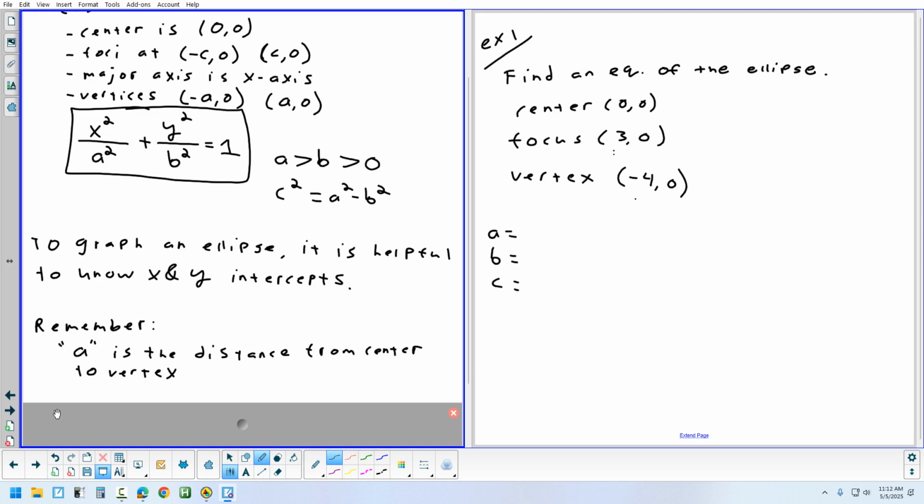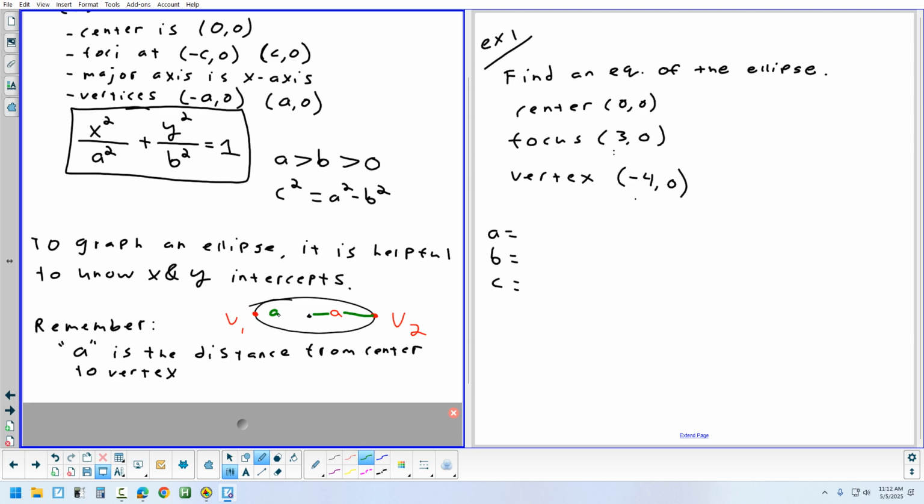So A, if you're looking at it visually, is the distance from the center to the vertex. If your ellipse is horizontal, and that's the center, you're going to have a vertex here and a vertex here. Doesn't matter which one is which, V1, V2. A would be the distance between there and there.